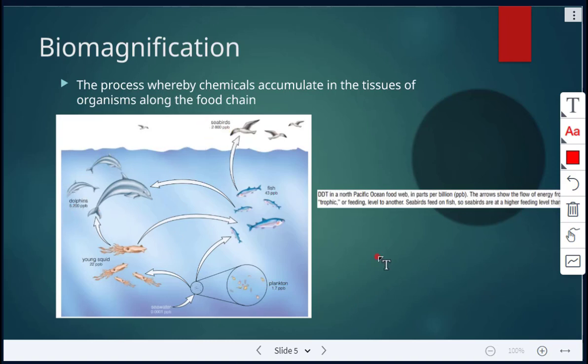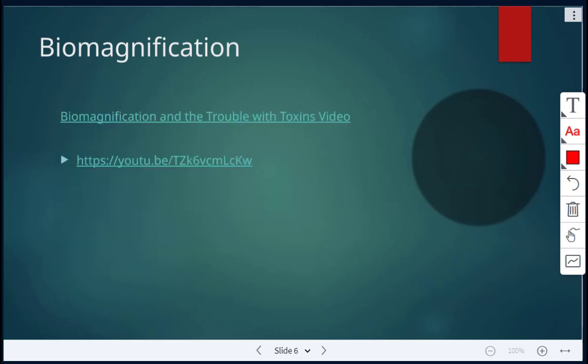Seabirds are 2,800. So it really does magnify as you go up the food chain. That was just a quick video showing biomagnification and how toxins can travel up the food chain.